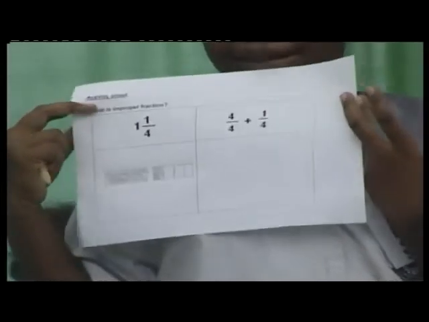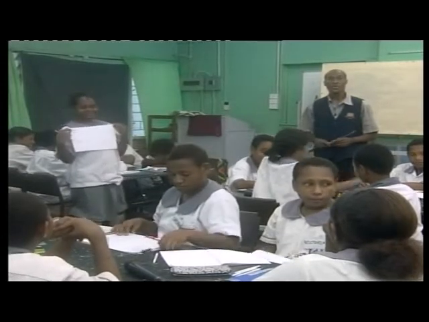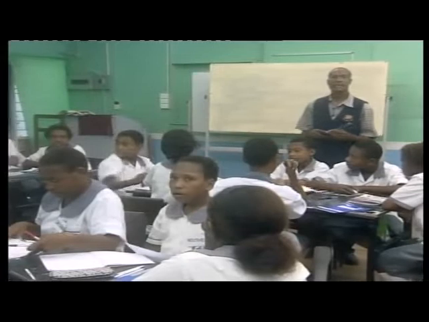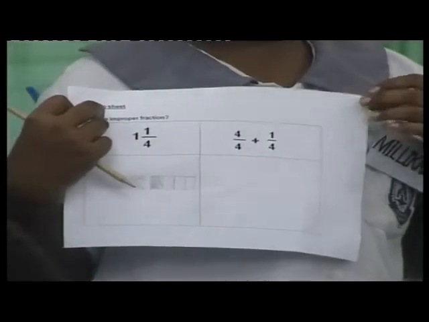So receiving students and sixes, you have just seen this group's work. They have drawn 1 whole and 1/4 in diagram format using the rectangle shape.